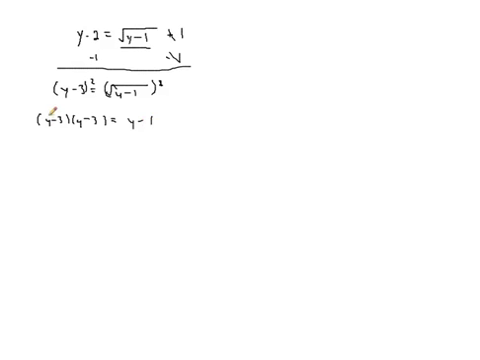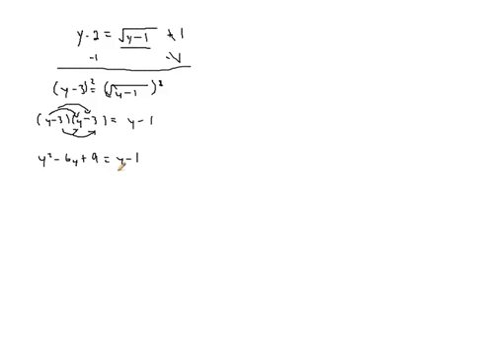And now let's expand these terms like y times y, y times -3, -3 times y, and -3 times -3, which gives us y squared minus 6y plus 9 is equal to y minus 1.